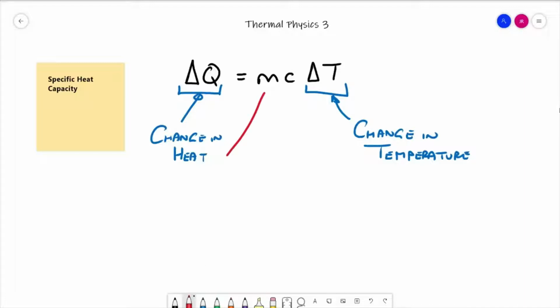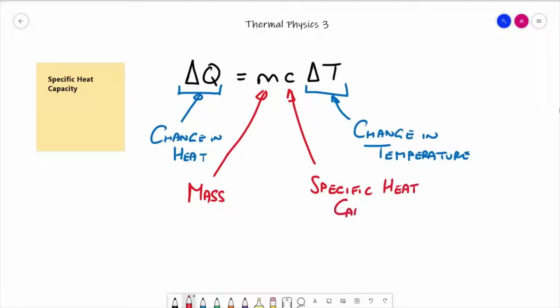In the middle then, m was mass, and the key part of that then was c, which was the specific heat capacity, which we defined in the last video.